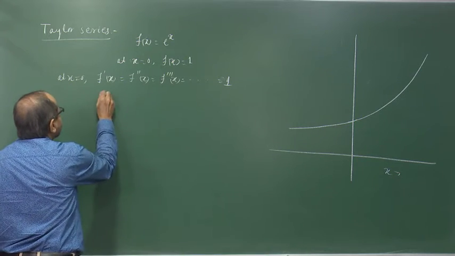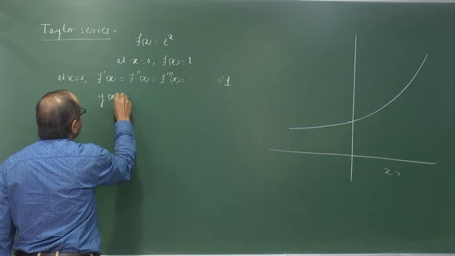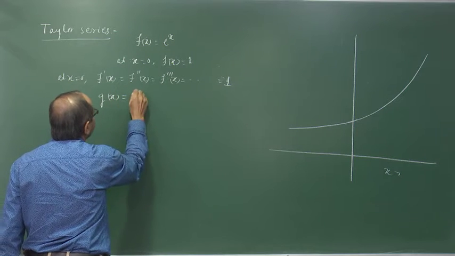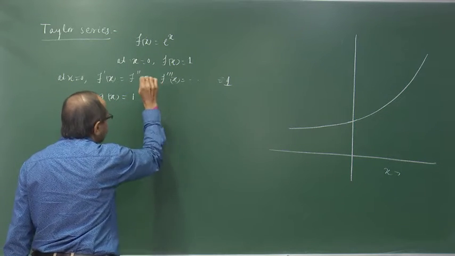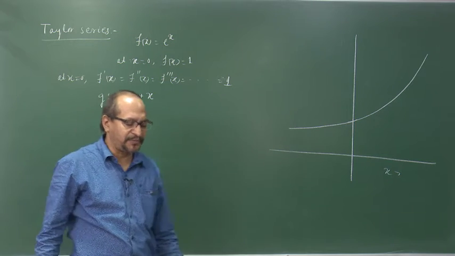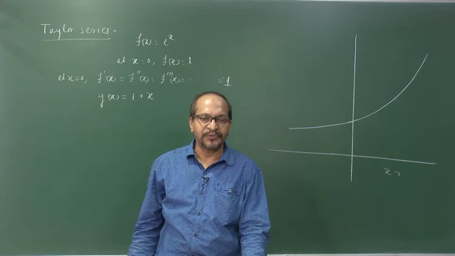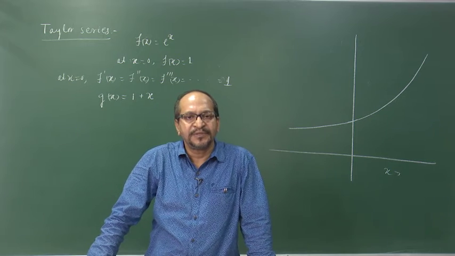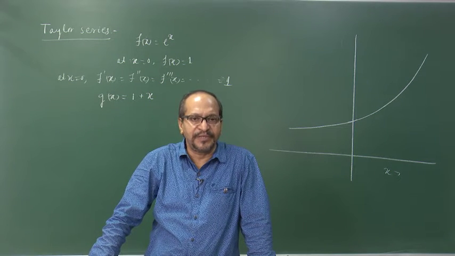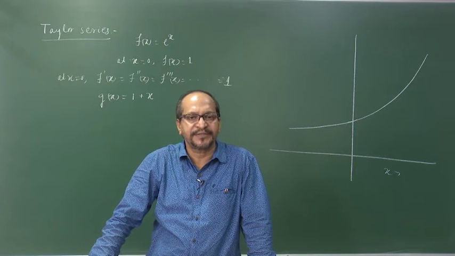Now, let us assume a linear function, say g of x is equal to 1 plus x. It is a linear polynomial. We will start with an approximation of this function as a linear polynomial, g of x is equal to 1 plus x.